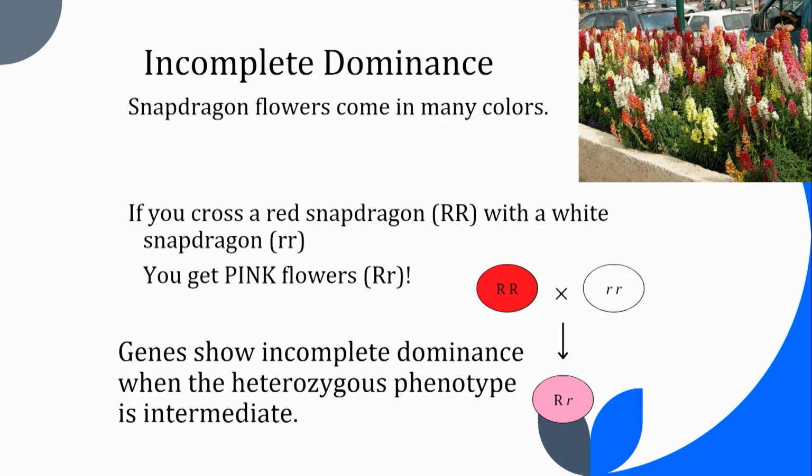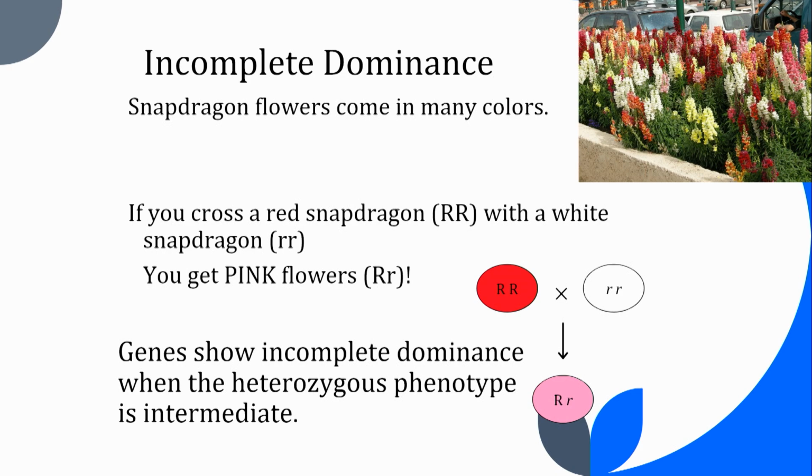Because this pink flower has a capital letter for red and a lowercase letter for white, they're going to mix together, and those heterozygous individuals are going to be pink. So genes show incomplete dominance when the heterozygous phenotype is intermediate, or in the middle.